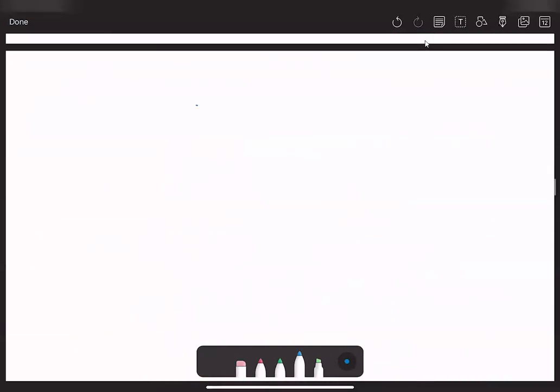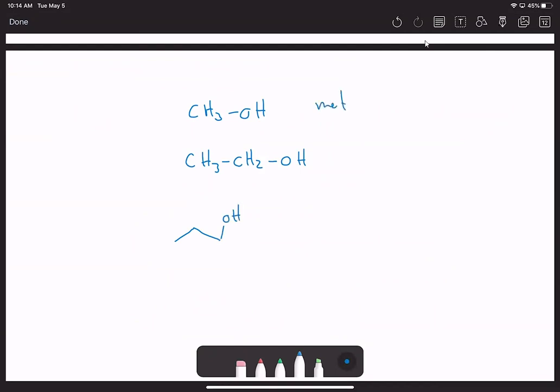So here, this is methanol. This is ethanol. This is 1-propanol.